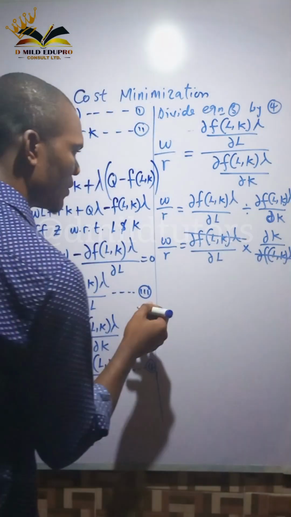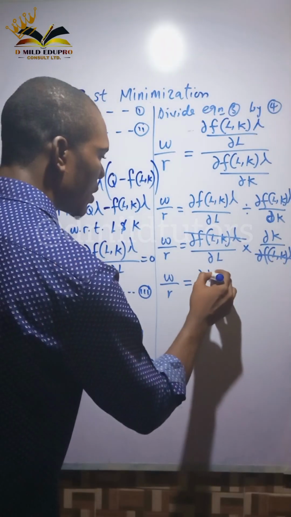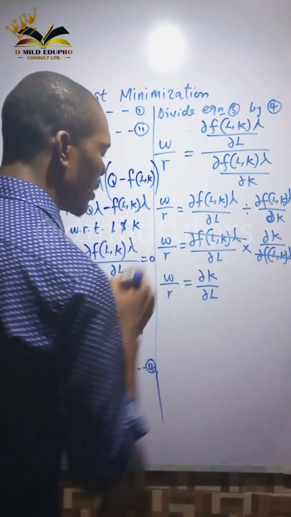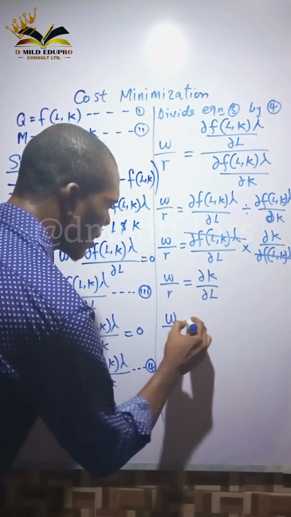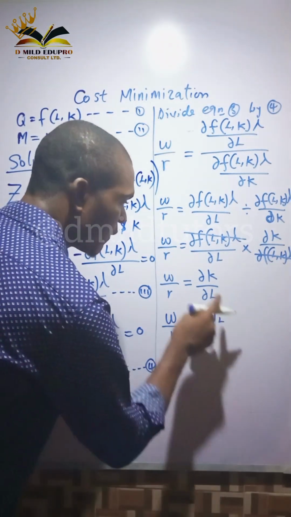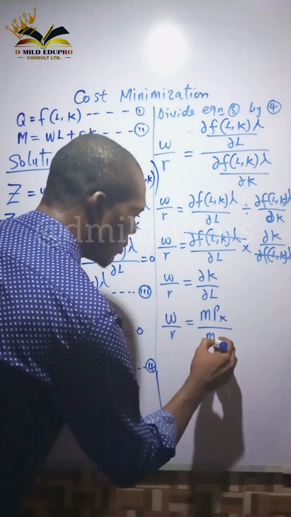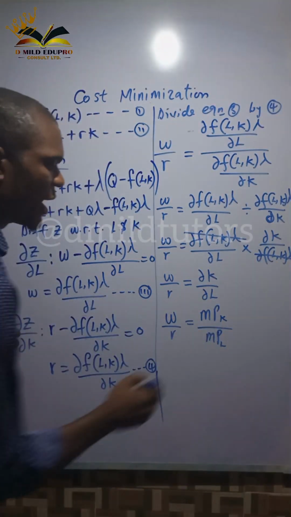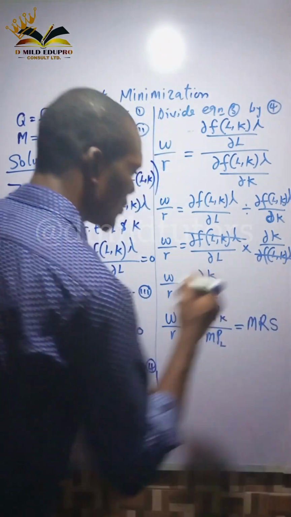So you are left with W over R equals the marginal product of labor over the marginal product of capital. And this is the same as the marginal rate of substitution.